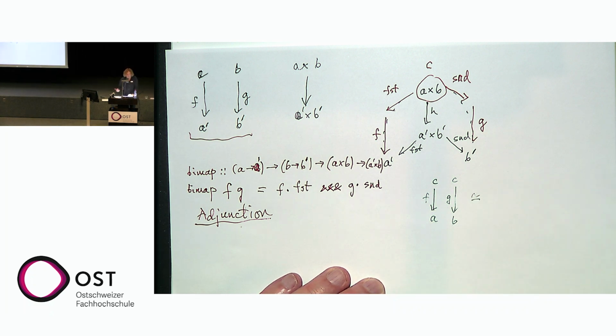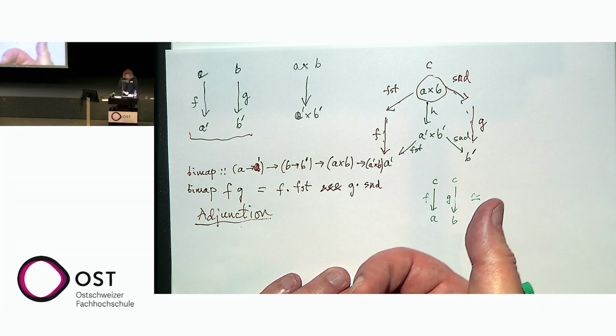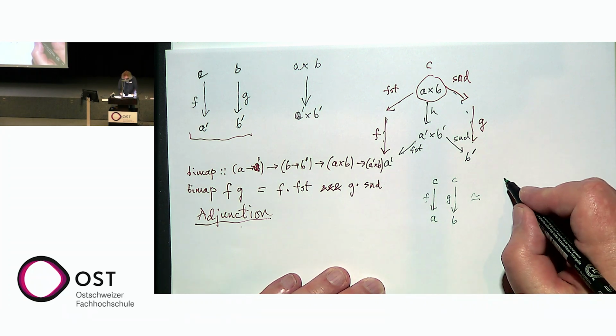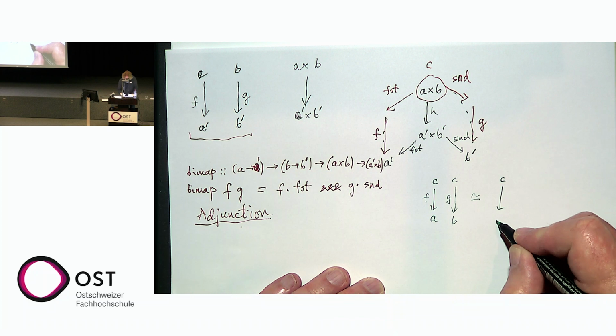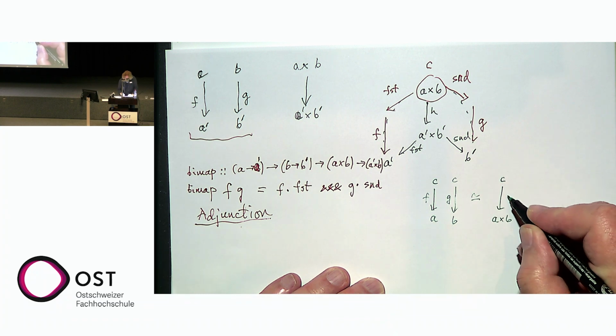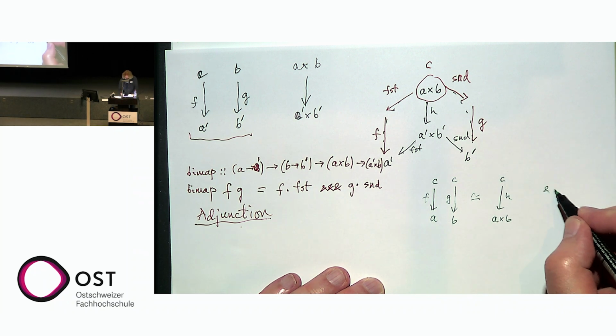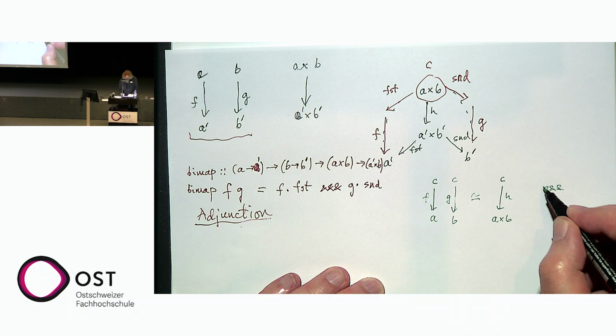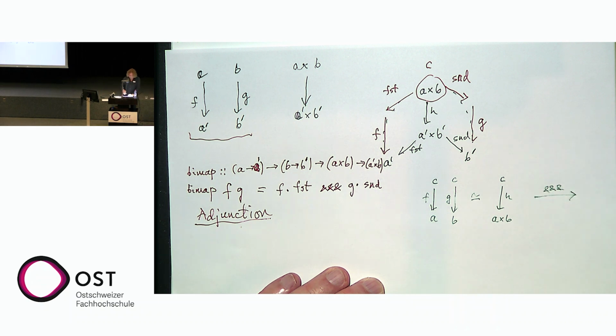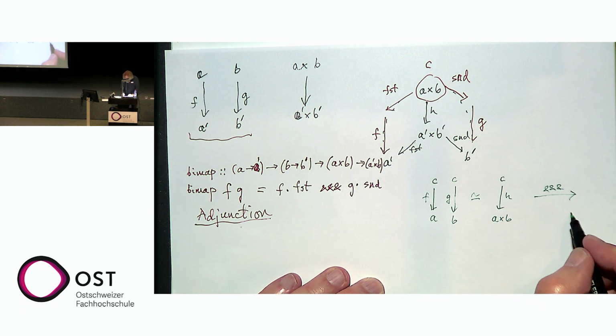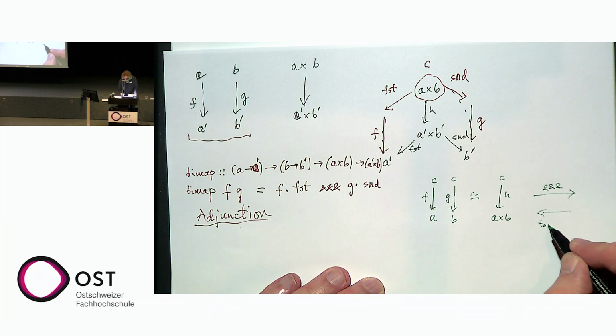There are two functions that map this pair to a mapping into a product, A cross B. This is our H. And to go from left to right, we use this triple ampersand. Give me two functions, I'll give you one, right? And the other way around, we've seen, was this function that we implemented to prod.